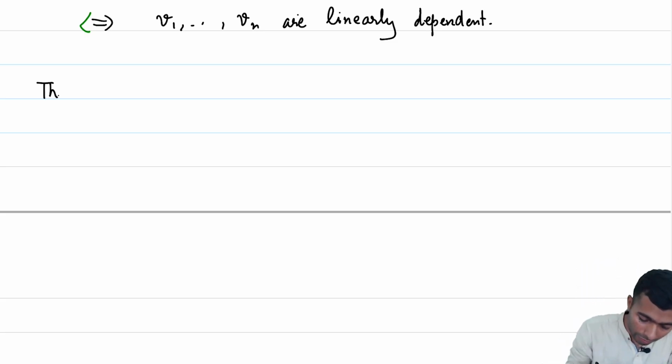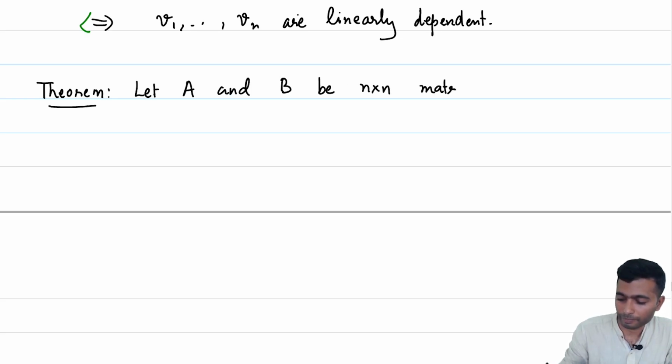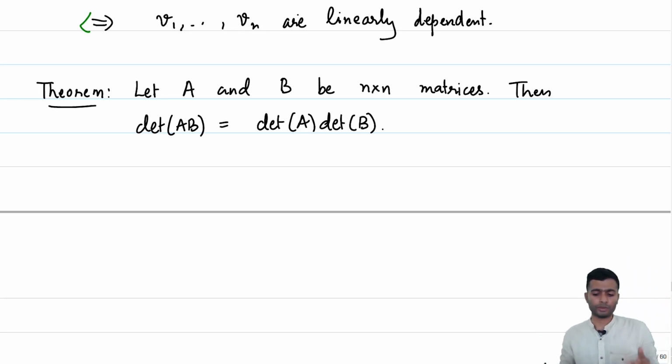So, let us prove another theorem. Let A and B be n cross n matrices, then the determinant of AB is equal to the determinant of A times the determinant of B. If you notice, we have not imposed any restriction on A and B. It could happen that A is not invertible, or A is invertible, B is invertible, or B is not invertible.